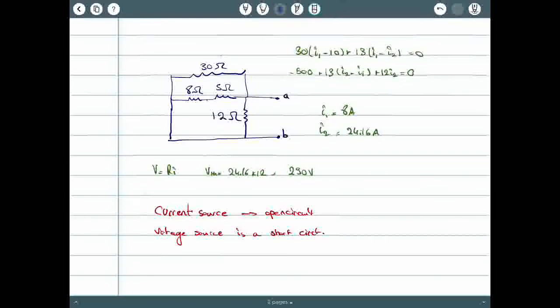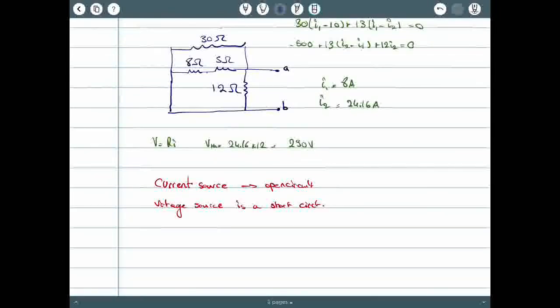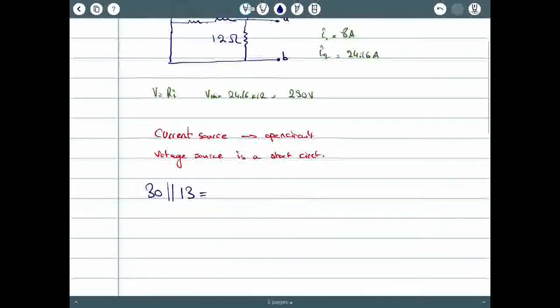Using simple, straightforward simplification methods of resistors, we see that 30 is in parallel with the sum of 8 plus 5. That's, I'm sorry, 30 in parallel with 13, which is equal to 9.06.